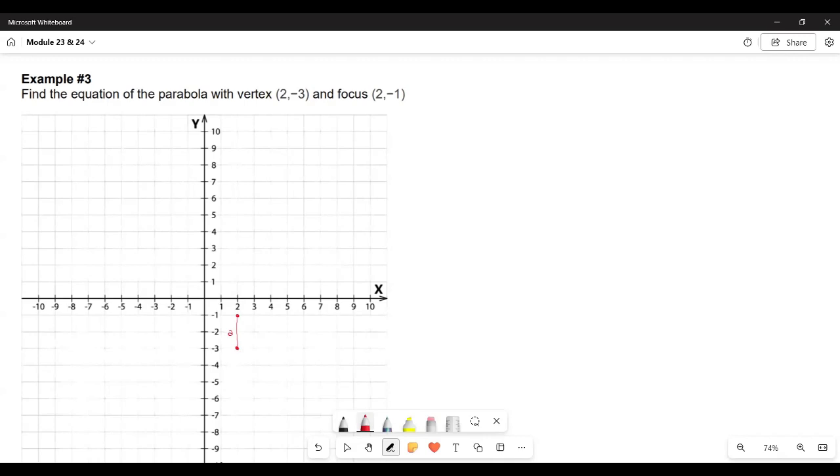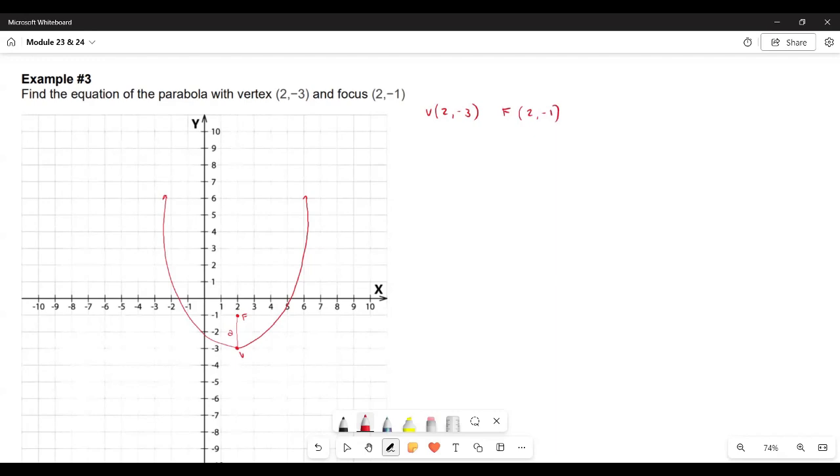So opening niya is either upward or downward. Pero since nandito yung ating focus, tapos nandito yung vertex, automatic pataas na yung opening niya. No? So kailangan natin hanapin yung equation. So we have the vertex na 2, -3, and then focus na 2, -1. Okay?